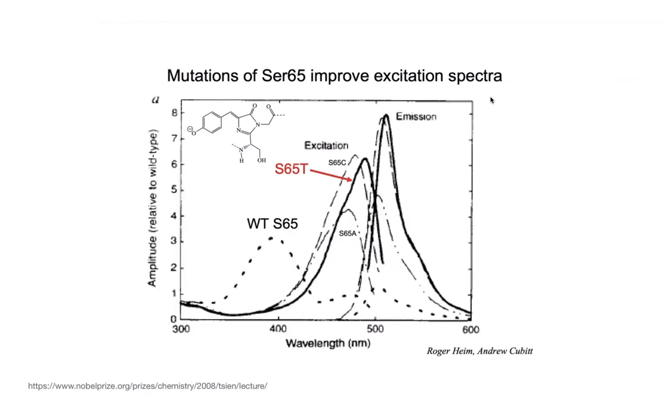improve the properties. And so here they're looking at serine 65 and seeing how changing that to a threonine or a cysteine or an alanine affected the excitation profile. You can see that when they made these changes, here in this dotted line was the wild type, they were able to shift the excitation curves.